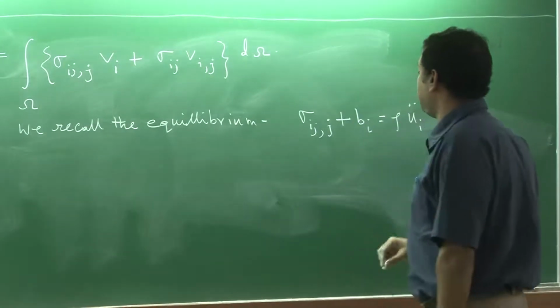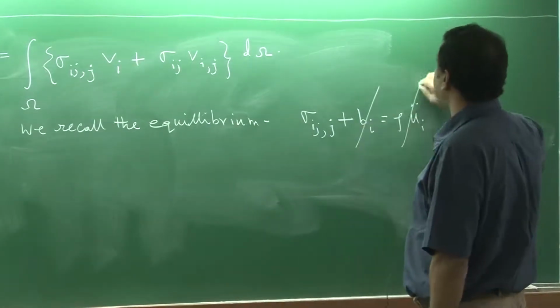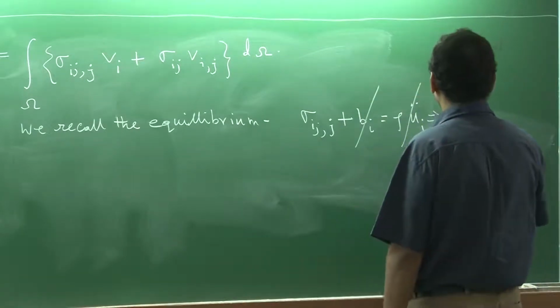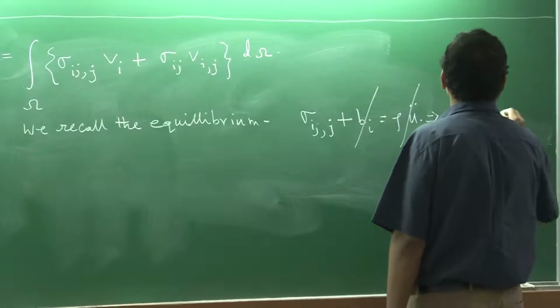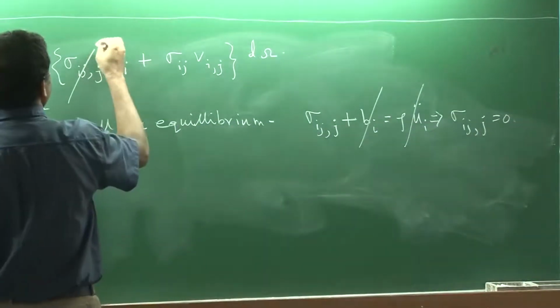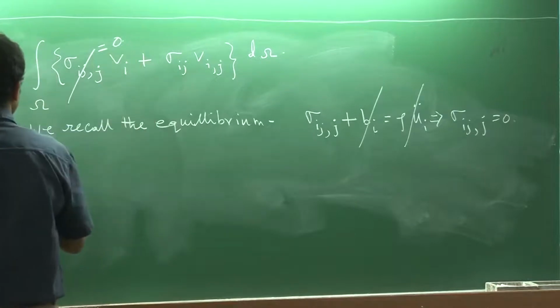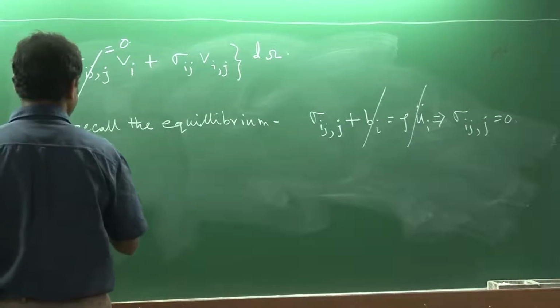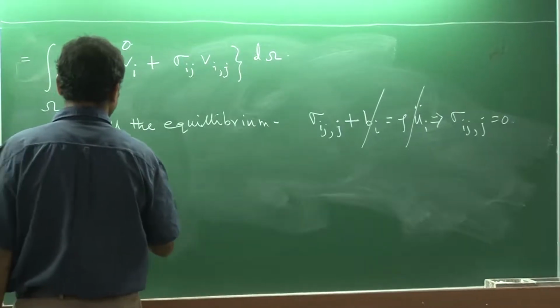Now, we did not consider body force, we did not consider acceleration, for simplification. So, can you see that the divergence of the stress field is 0. So, this is nothing but 0. What we can write here is sigma_ij v_i comma j d omega.